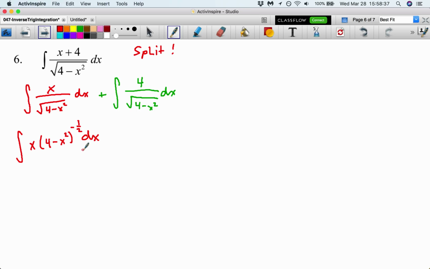That's the red one. I want to write it in this form, which will bring me to, okay, so the derivative of the inside of the group would be negative 2x. This is kind of sloppy. So I would need a negative 2 here. So I'm going to pay for that with a negative 1/2.